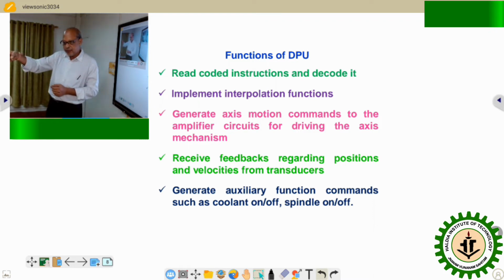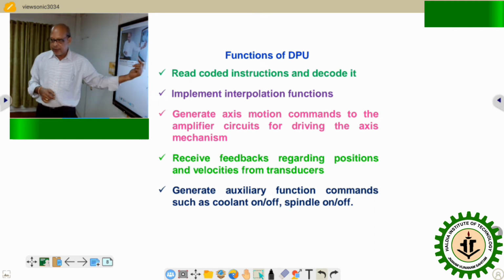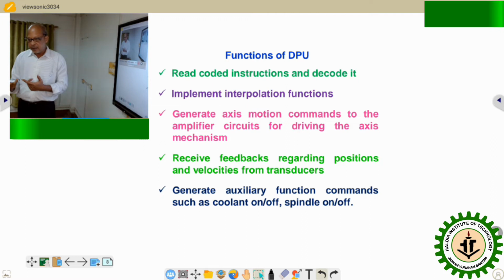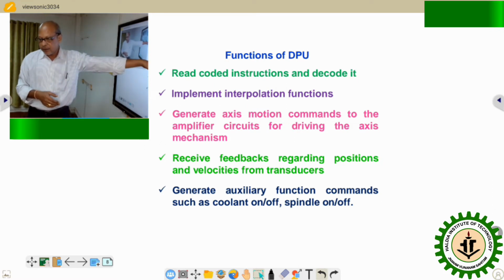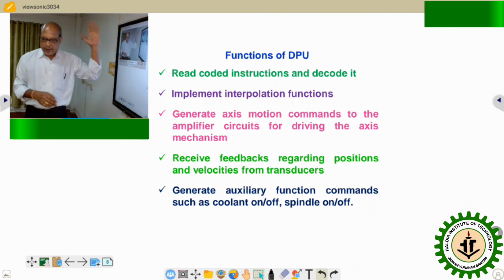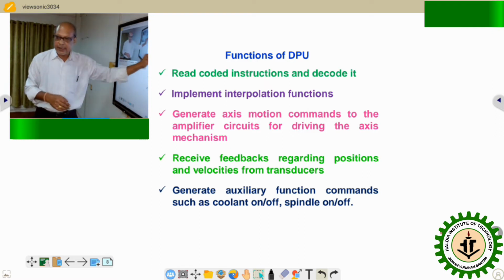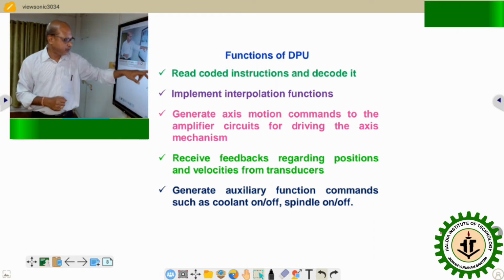So this implementation will be done by the CLU, but the calculation part or the command part will be given by the data processing unit, since it is at the higher level of the hierarchy. So the command, or the dictation, is given by the data processing unit. It generates axis motion commands to the amplifier circuits for driving the axis mechanism.